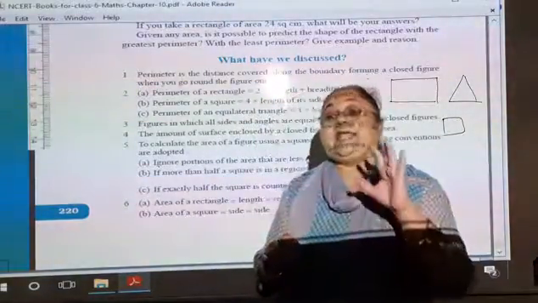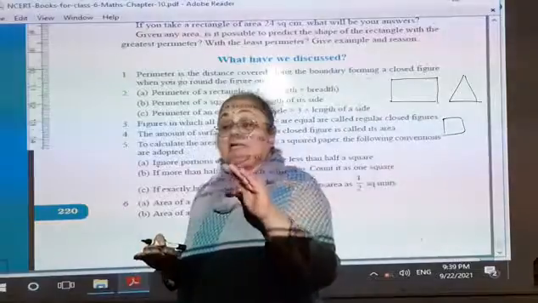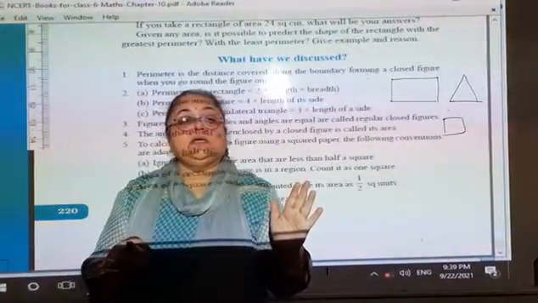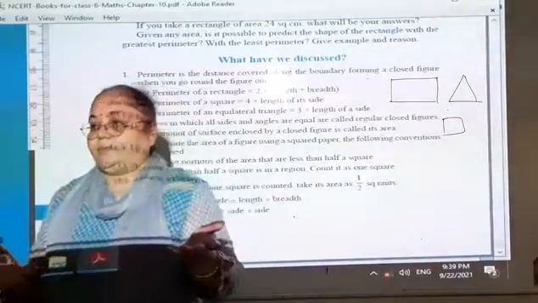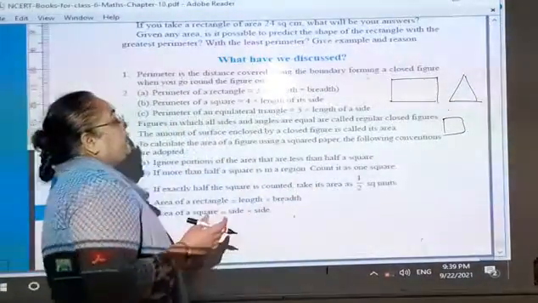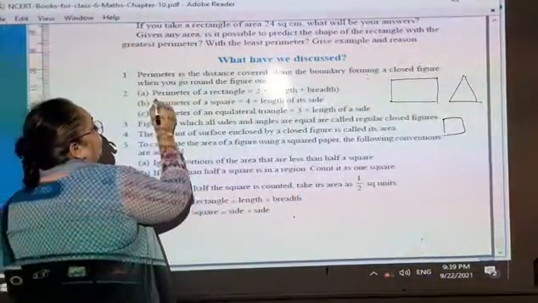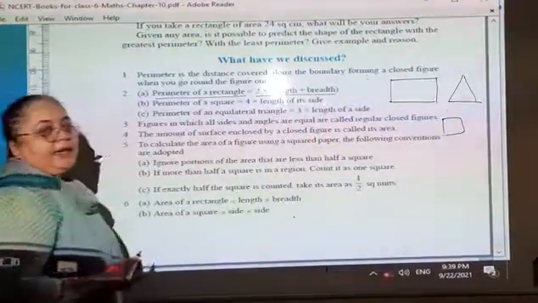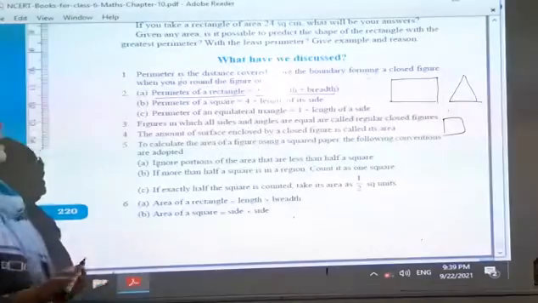If it is a rectangle, then a rectangle always has opposite sides of equal measure. That's why the formula to find the perimeter of a rectangle is 2 into bracket length plus breadth.